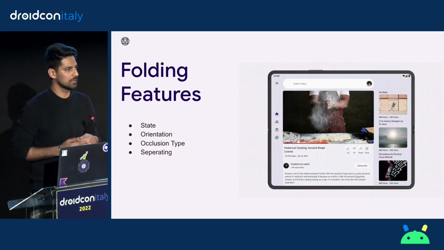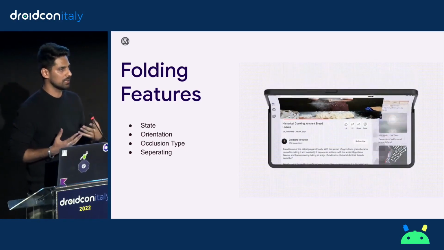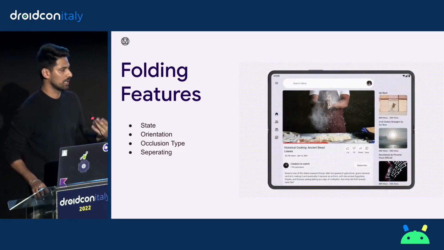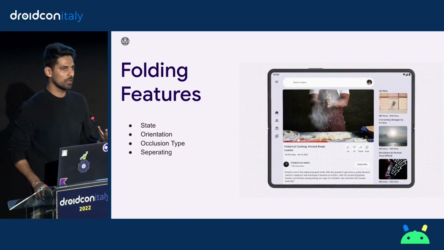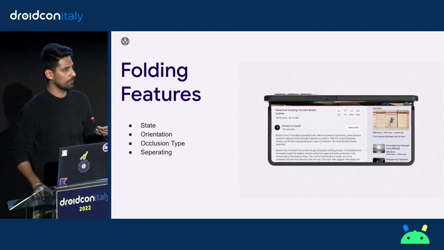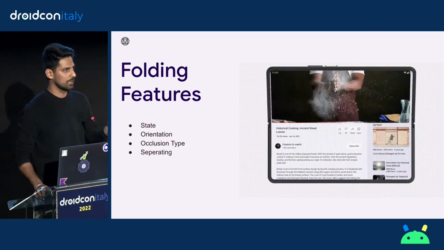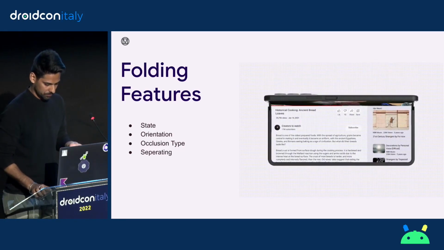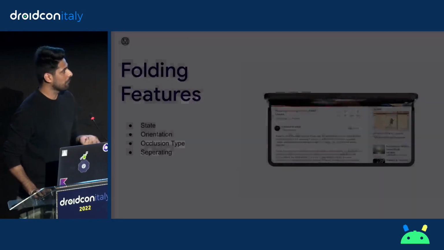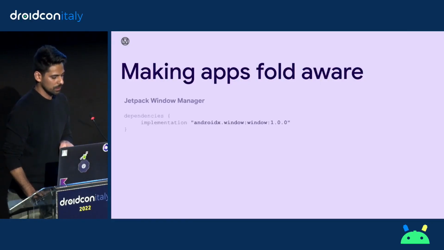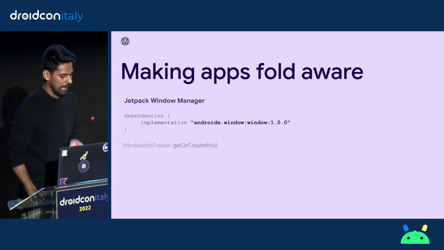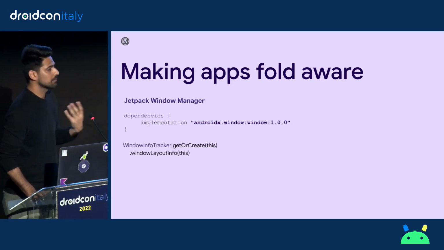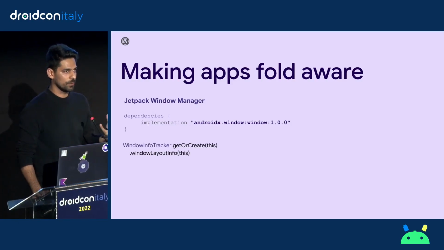And separating tells us if there is a crease or connector that's actually joining two displays, and we need to take account for that. We do not want our app's clickable or touchable areas in a part where there's a connector or a hinge. So to make our app fold aware, we can use the Window Manager, and it gives us an info tracker API, which gives us the whole layout information of the device.